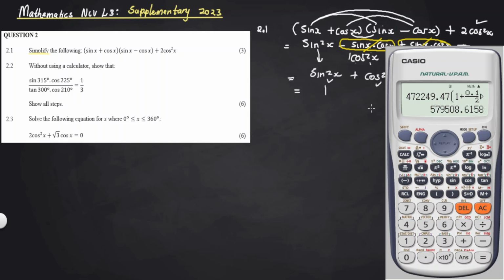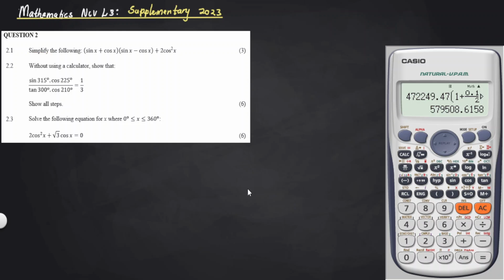This is another identity. This is the identity of 1, or the Pythagorean identity. So adding a sine squared plus a cos squared gives us what? 1. So this is our final answer. All right, I'm gonna take this down.